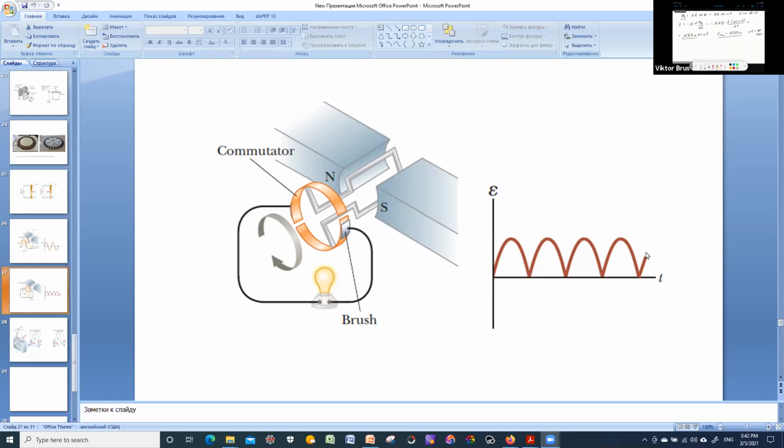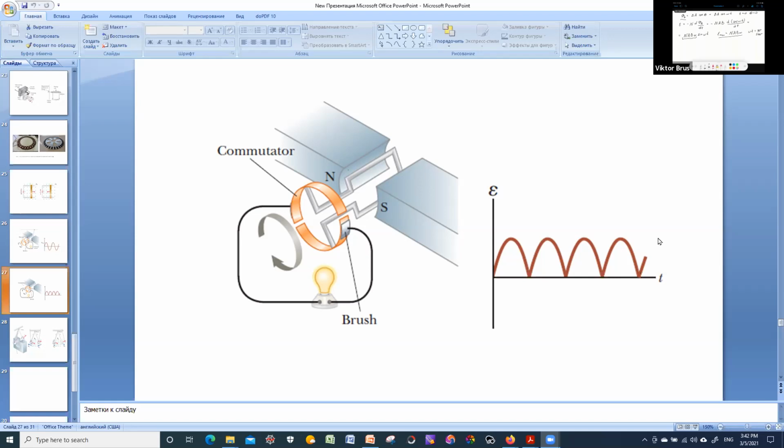Another option is to connect a capacitor in parallel to the output of the generator, and that will also help by charging and discharging to smooth these pulses of the generated DC current.